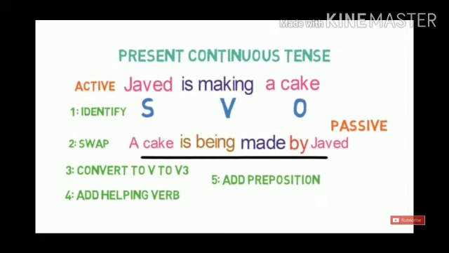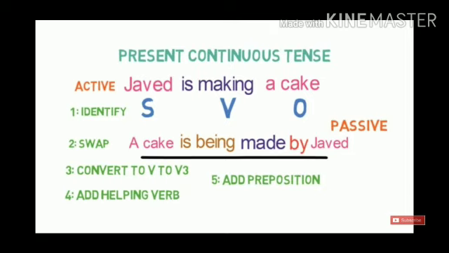We are going to see present continuous tense. Example for present continuous tense: Javed is making a cake. This is in active voice. Like the previous sentence, we have to identify the subject, object and verb. Here, who is performing the action?